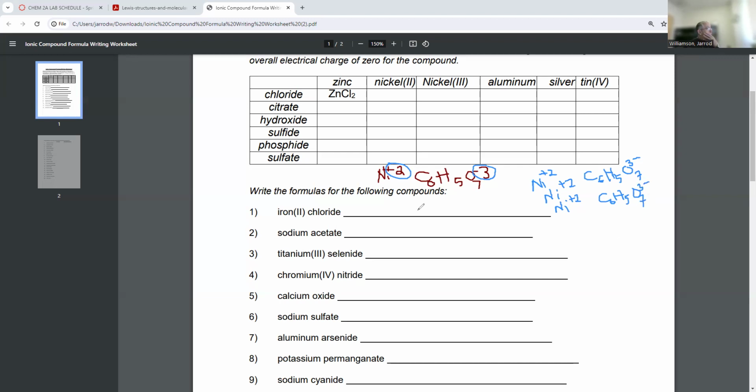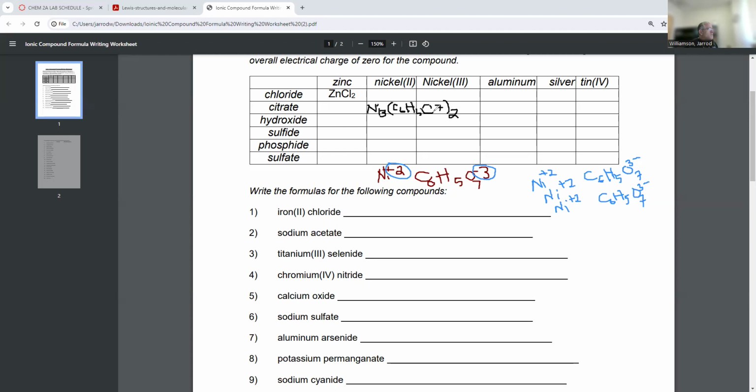Okay. So then the formula for this, for the citrate, would be Ni, I need 3 of those, parentheses, C6H5O7, close parentheses, and a 2.